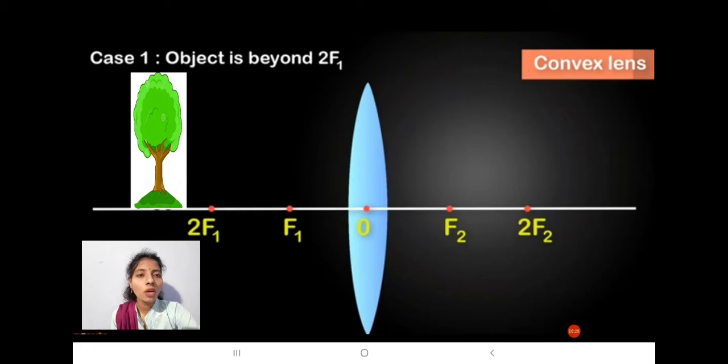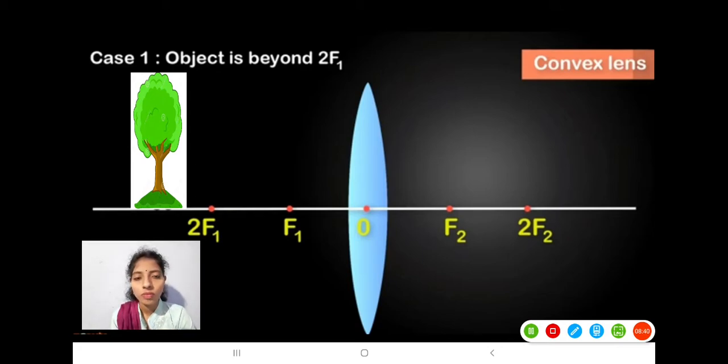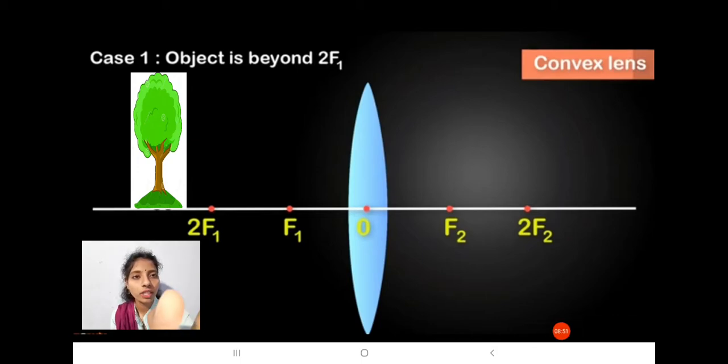Now see case 1. Object is beyond 2F1. We are taking the object beyond 2F1. So how are the rays formed here? The rays travel from the head of the object.